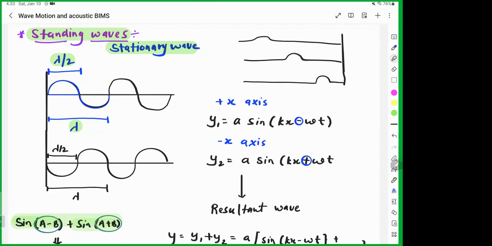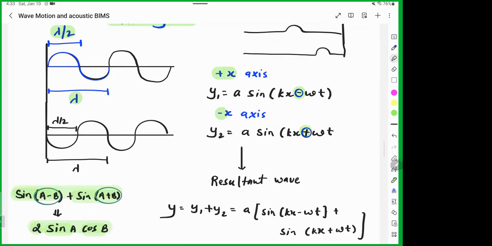If for the plus x-axis you take a minus sign, then for the minus axis you will take a plus sign. Everything else is the same because they are exactly opposite of each other, a 180-degree difference. So what will be the resultant wave?